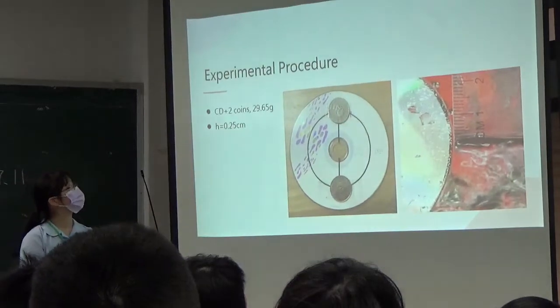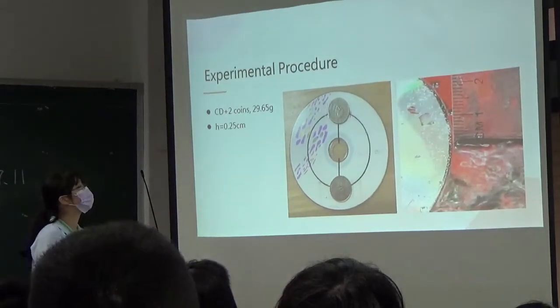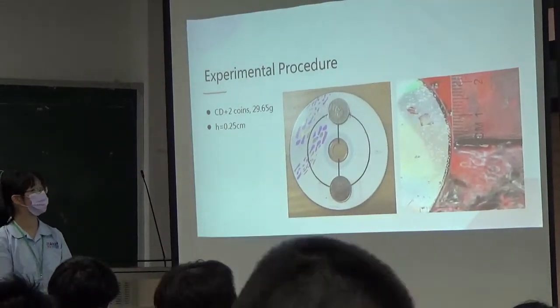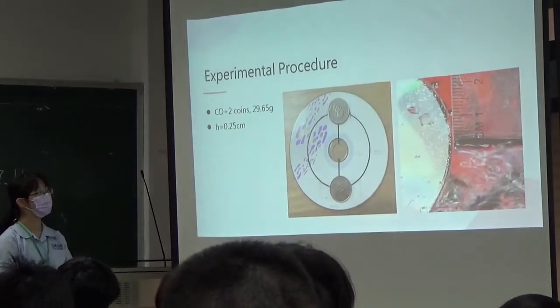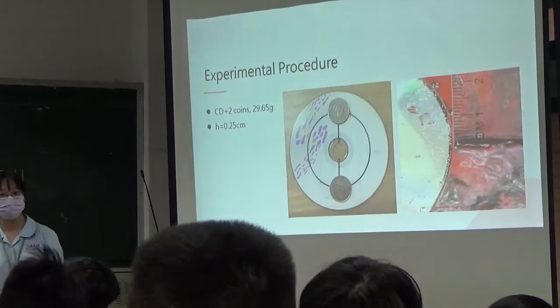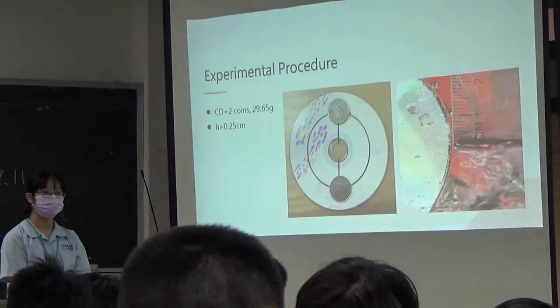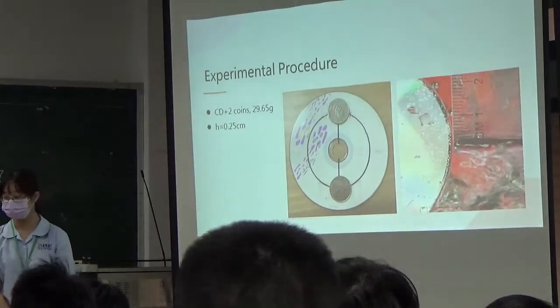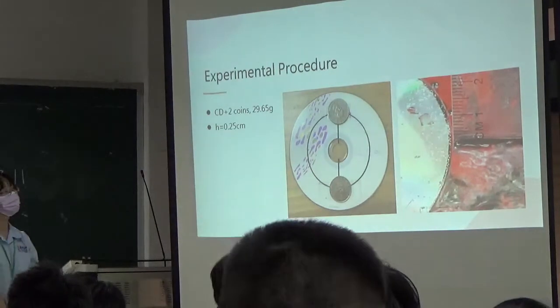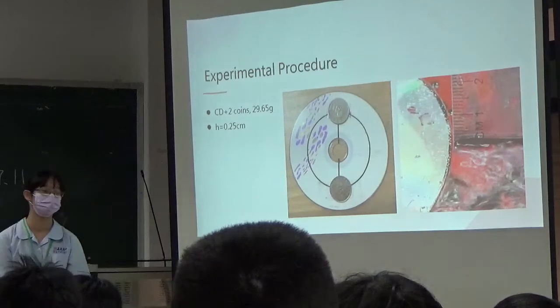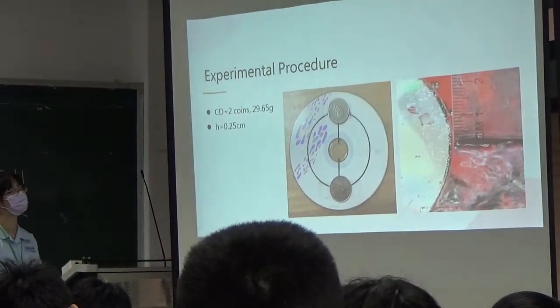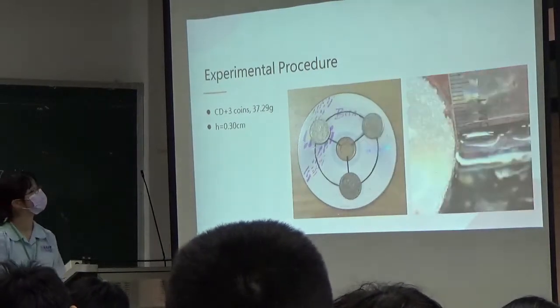And this is our experimental procedure. When we stick 2 coins to a CD disk, it weighs 29.65 grams. When the CD disk floats, I measure the height difference between the surface of the water and the surface of the disk, and the height difference equals 0.25 centimeters.